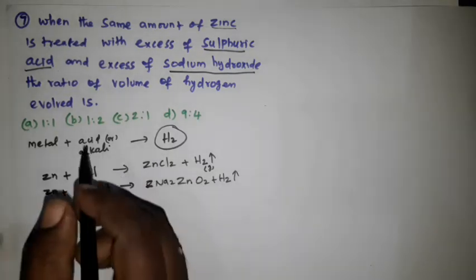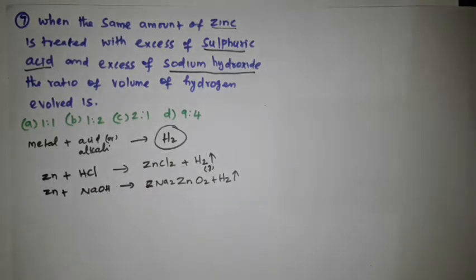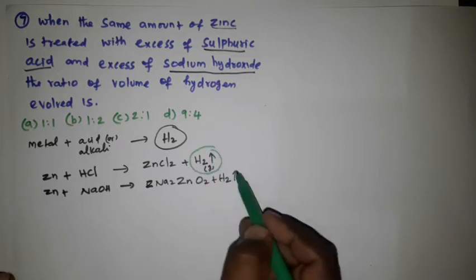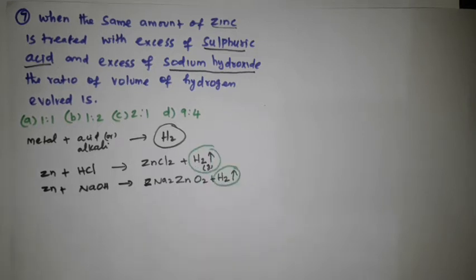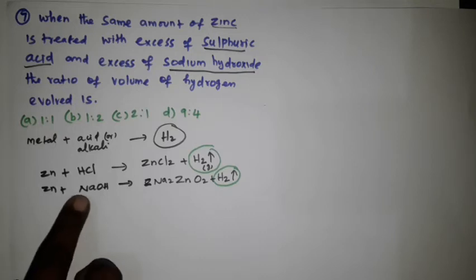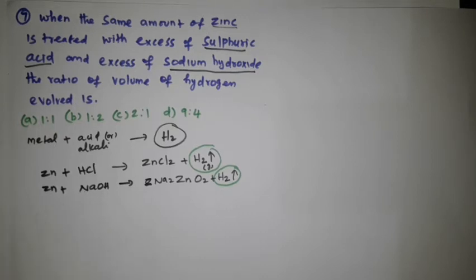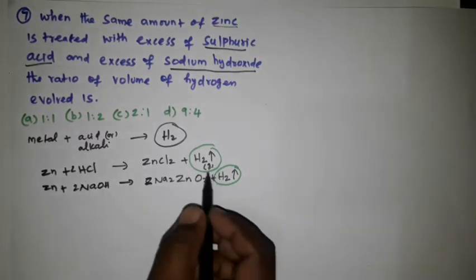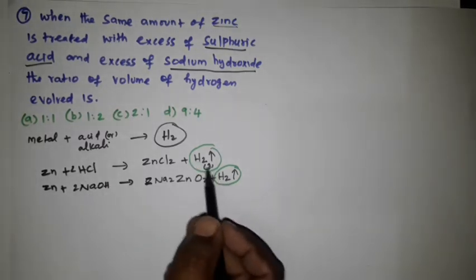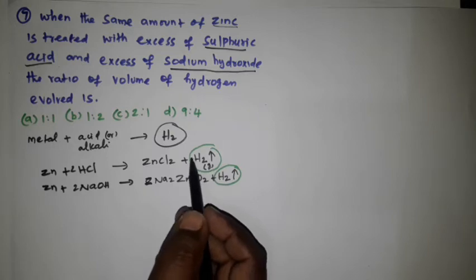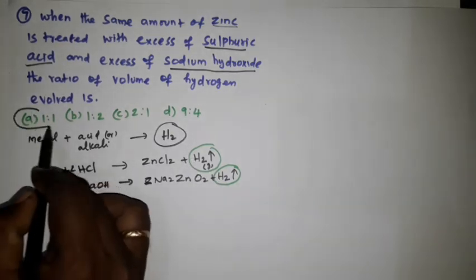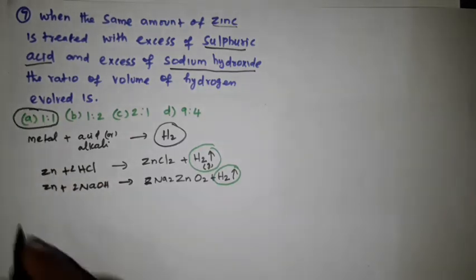See here in both cases the number of moles of hydrogen is only 1. Balance the equation: put 2 here, and here also put 2. Now the equation is balanced, but in both cases the stoichiometric coefficient of hydrogen is 1. So option A is the right answer. Clear? So 1:1.